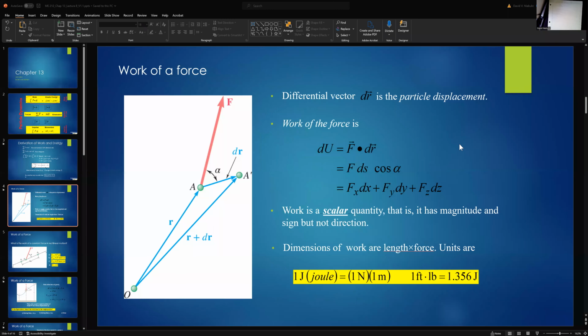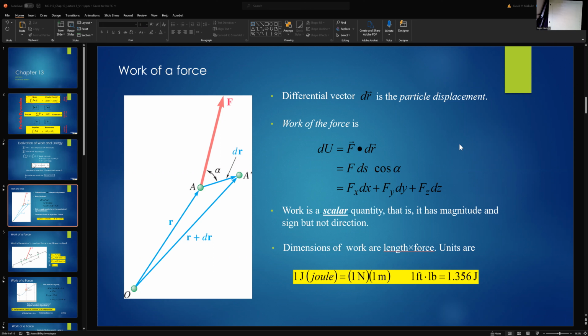So our dU, the U, which is the left side of the equation, is just defined as the force times the distance. But as we recall, the only work done by a force is in the direction of motion.